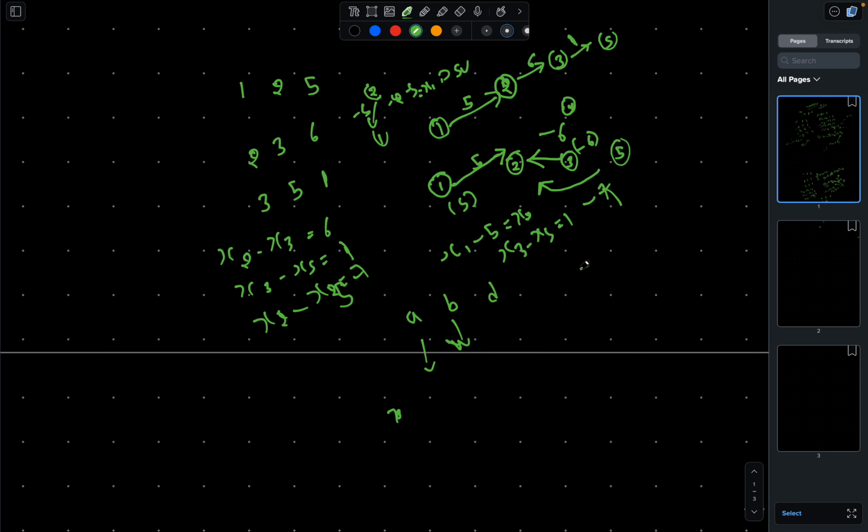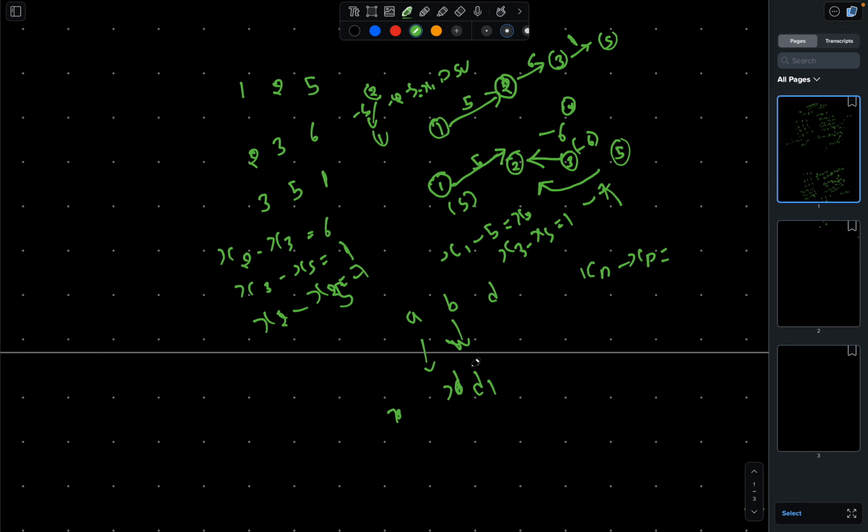This gives us the difference x of the node minus x of the ultimate parent. For example, x5 minus x2 is minus 7, which is indeed right. So by finding the ultimate parent, if their ultimate parents are the same, now we see their distance from the ultimate parent.